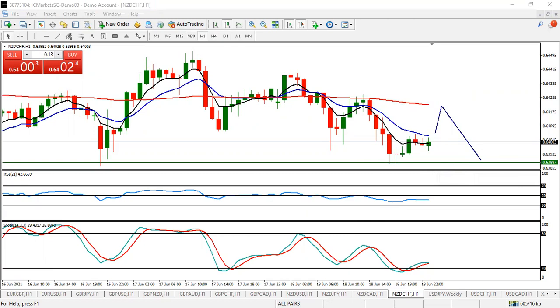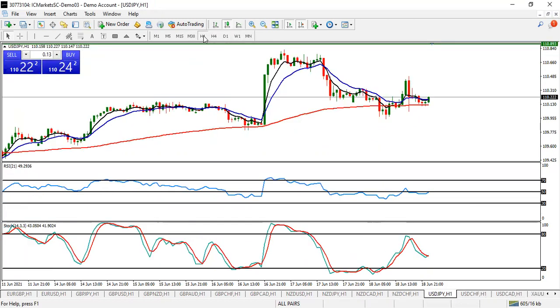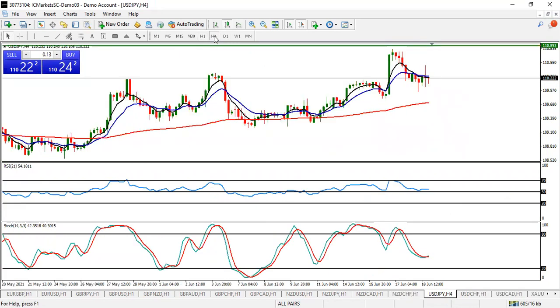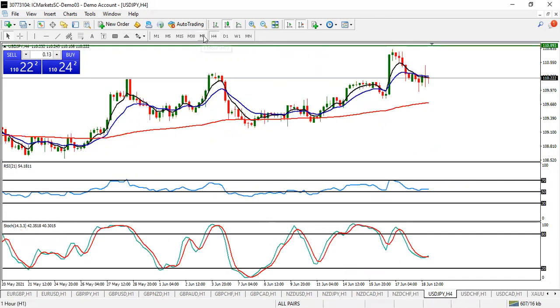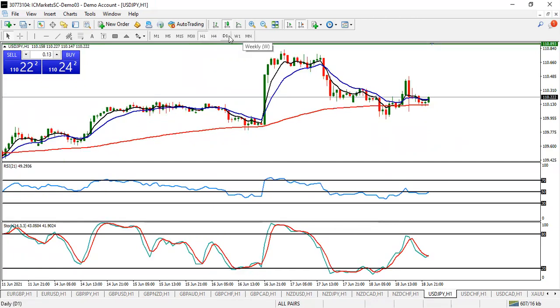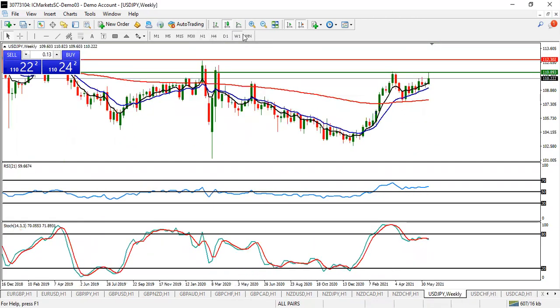The next pair to talk about is USD JPY. USD JPY is currently pushing up. USD is the strongest currency in the last few days, and we believe it should continue its momentum. Right now USD JPY is to the upside according to our entry time frame.